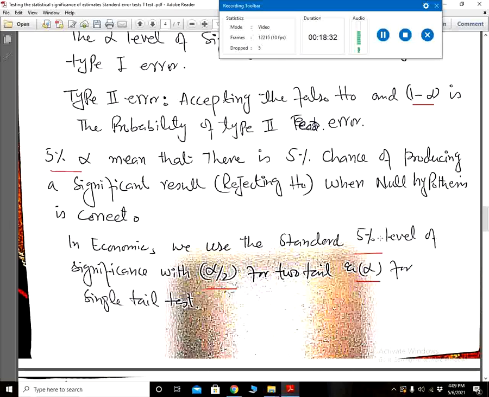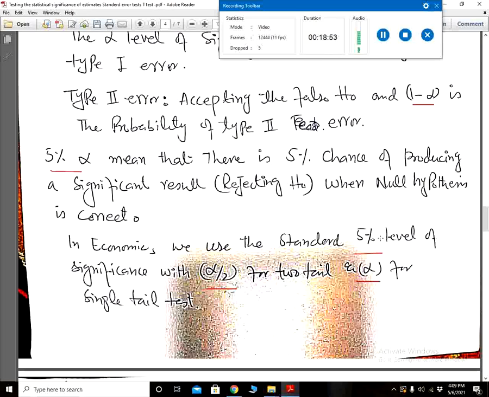So selecting alpha, we optimize the occurrence of type 1 and type 2 error. We want to reduce the type 1 error, but we cannot eliminate the type 1 error.